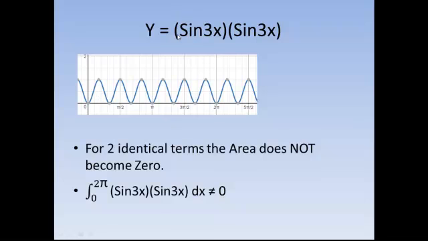And we can also see here that sine 3x times sine 3x is basically sine square 3x, and square of anything cannot be negative. So for two identical terms, the area does not become 0.